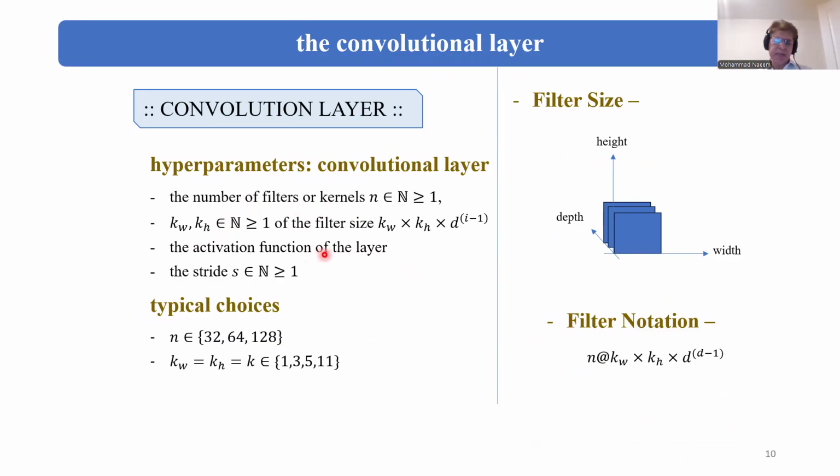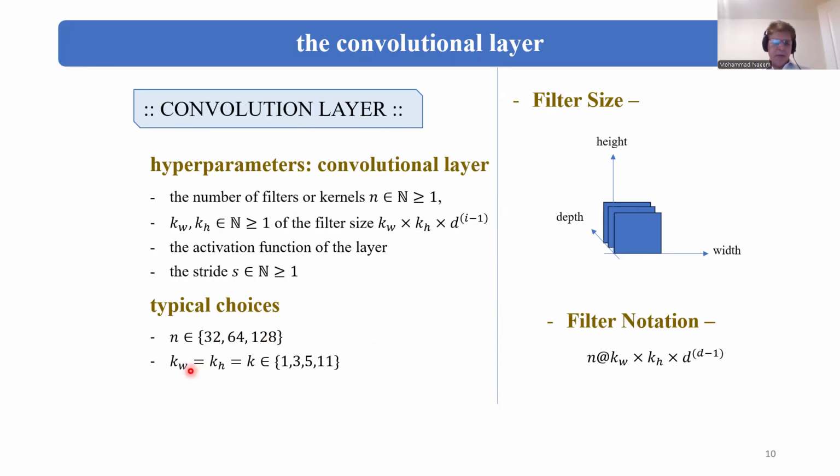The usual choice is the ReLU or one of its variants, but it can be any other activation function. The stride is one or more. Typical choices are usually 32, 64, 128 for the number of kernels or filters.